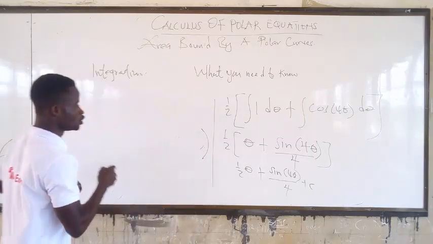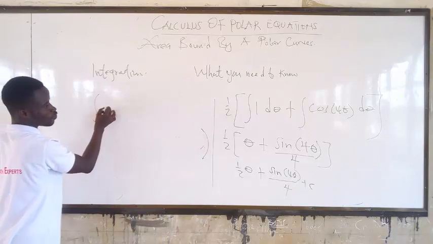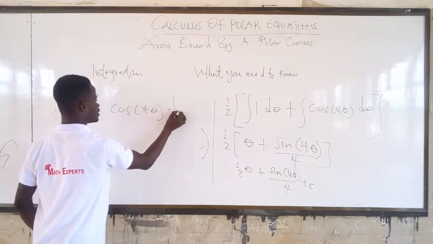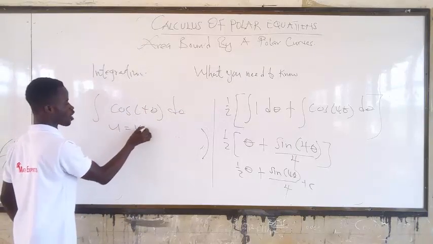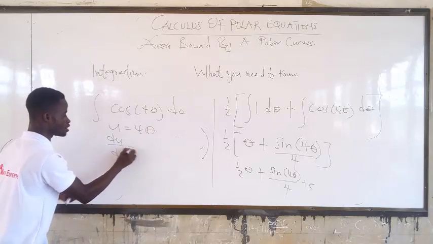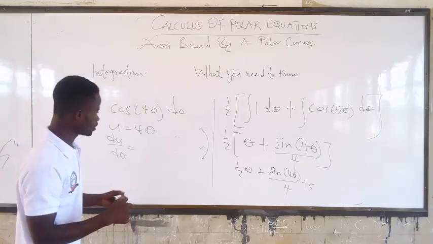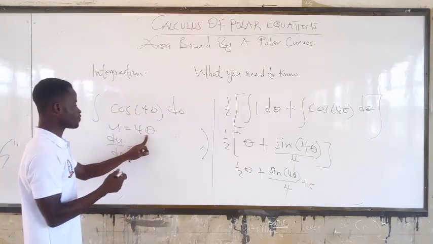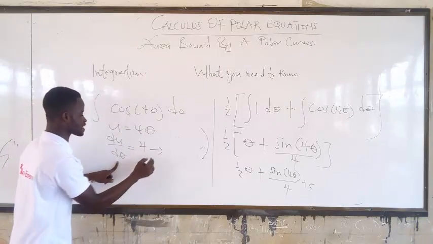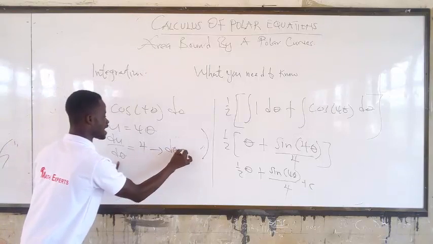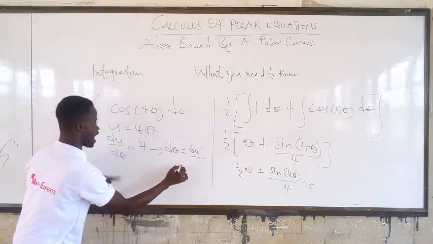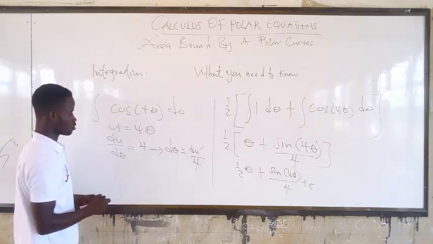Watch. If you have the integral of cos 4 theta d theta, u is equal to 4 theta. So du d theta, differentiate this, you get 4. So you make d theta the subject, d theta is equal to du over 4.